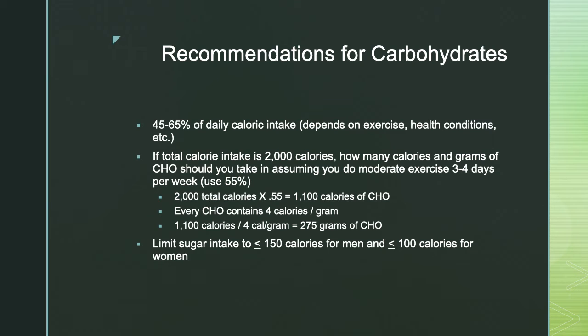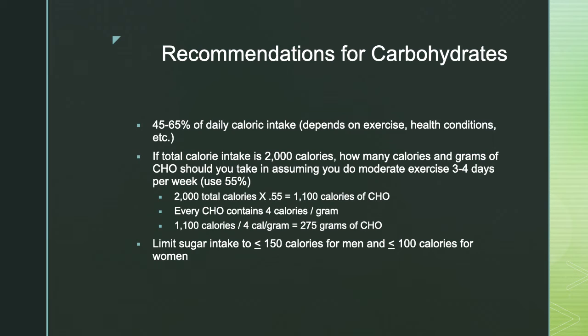So if we take their 2,000 calories and multiply it times 55%, which we would have to move the decimal 2 places to the left, multiply times 0.55, that would tell me that that individual needs 1,100 calories of carbohydrate each day.